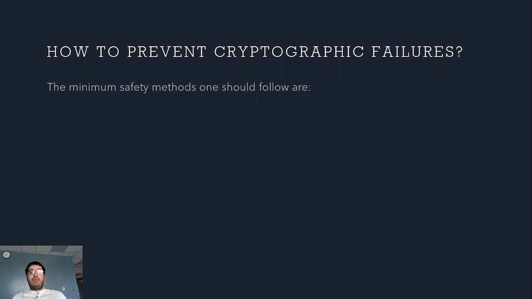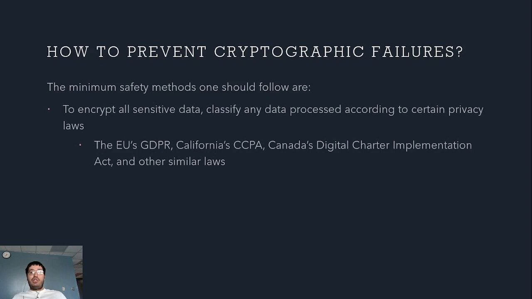So how do you prevent cryptographic failures? The minimum safety methods that web administrators must do are to encrypt all sensitive data and classify any data that's being processed according to certain privacy laws, such as the European Union's GDPR, California's CCPA, Canada's Digital Charter Implementation Act, and other similar laws throughout many states and countries that have privacy laws in place.